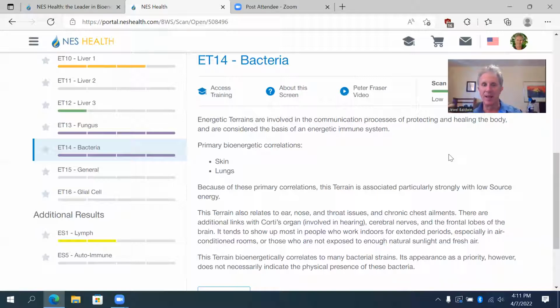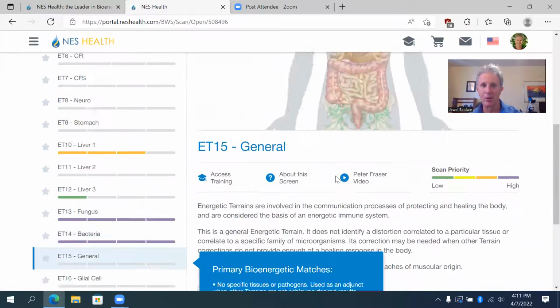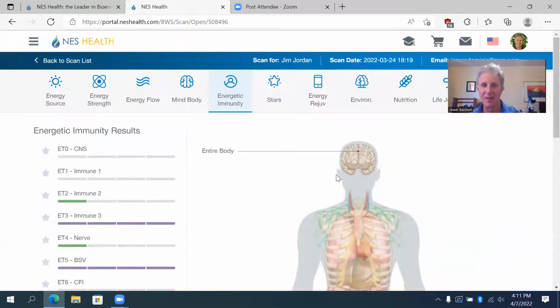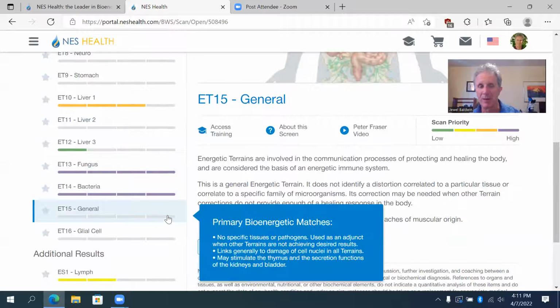Reestablish that balance, and then the body can come into homeostasis. General terrain is when basically that can be tagged when there's some chronic condition and there's no real explanation of what is going on. Nothing else has really clicked and reversed the process. So sometimes 15 will come up as a general support for immunity.